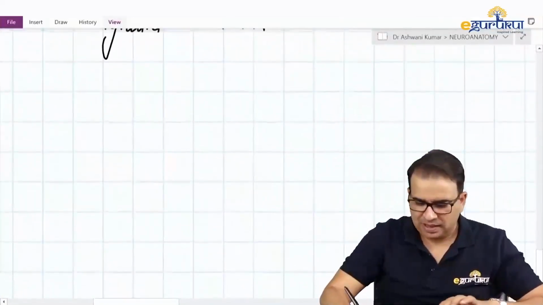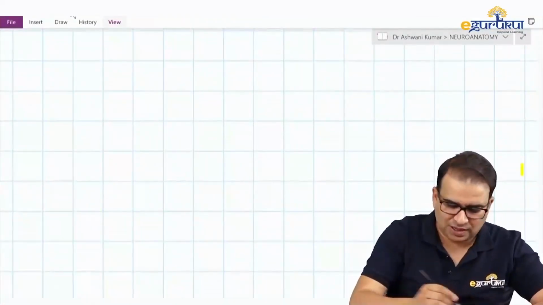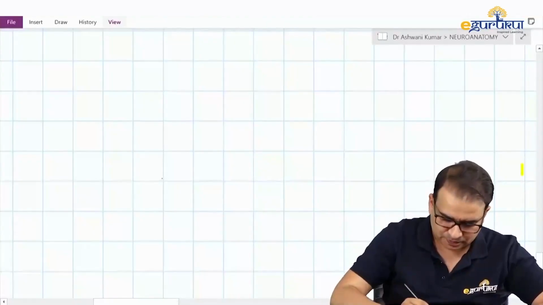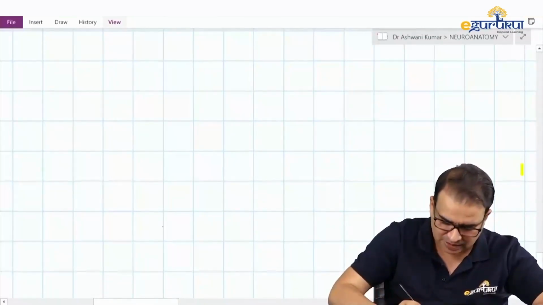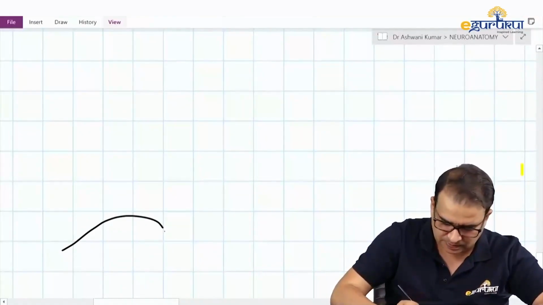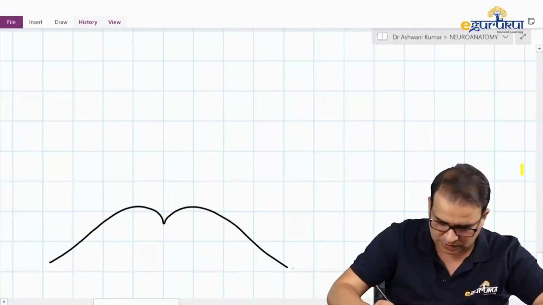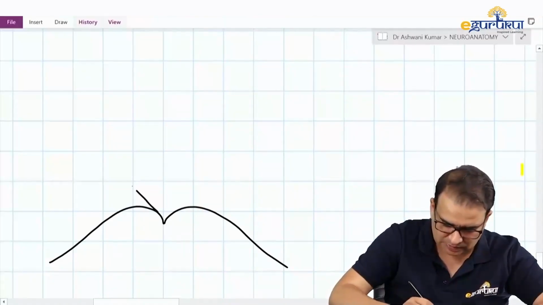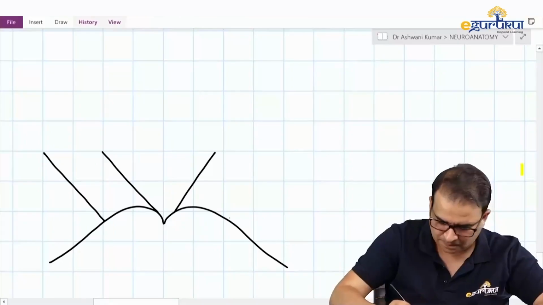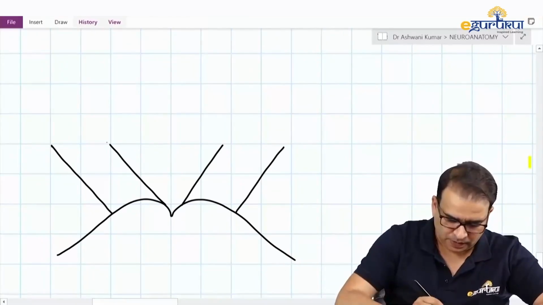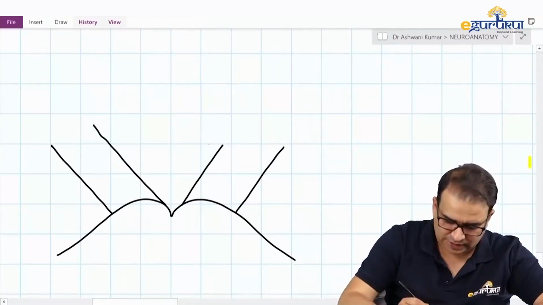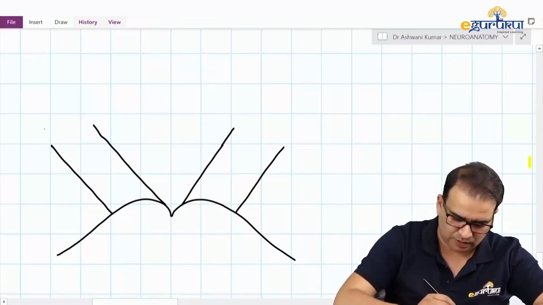So let me take you back. So we're going to draw only the cranial part of the brainstem now. I request you to start slightly below because we have to ascend upward in this diagram. So if this is the pons once again, and here are the peduncles. And let's complete this fossa here, the interpeduncular fossa, by drawing the optic pathway.